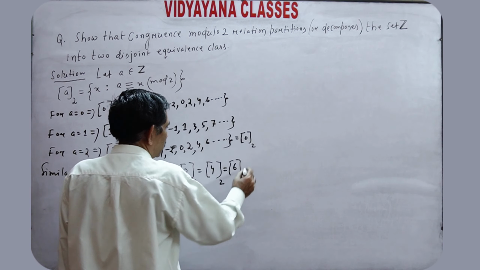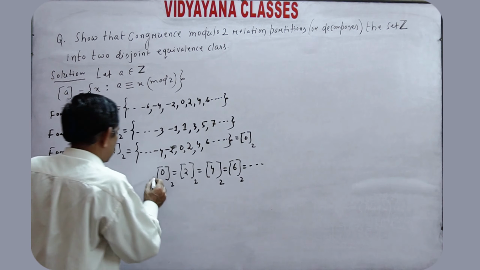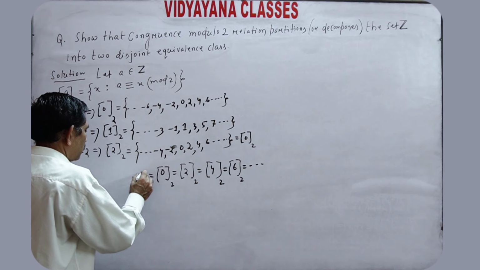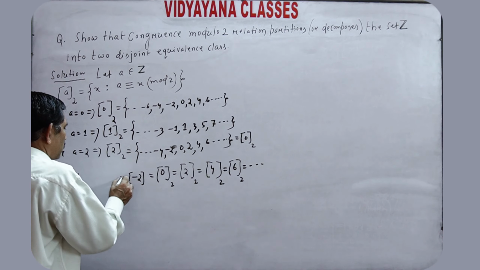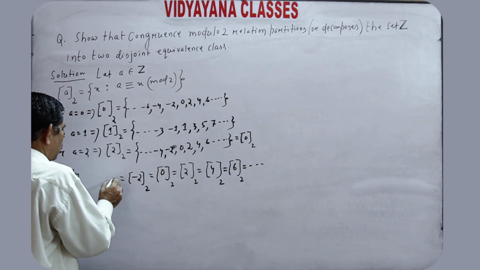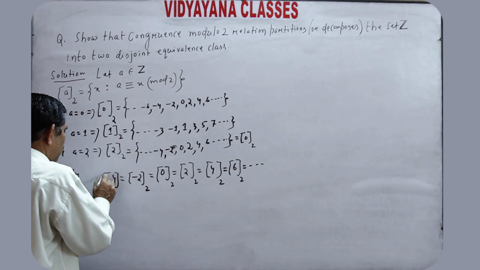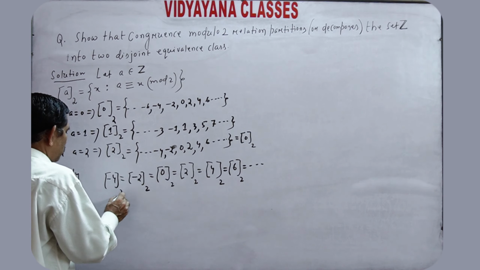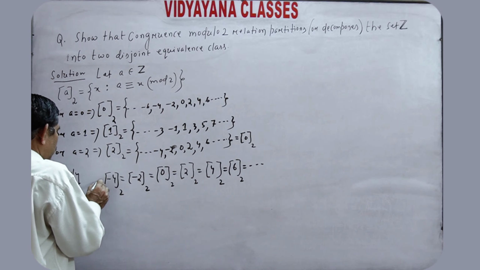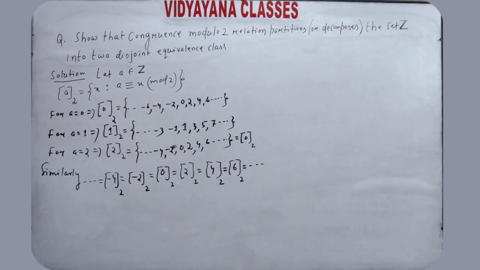Similarly, we can show it for 0 minus 2, that is minus 2, and minus 4, the equivalence class of minus 4 modulo 2, and so on.